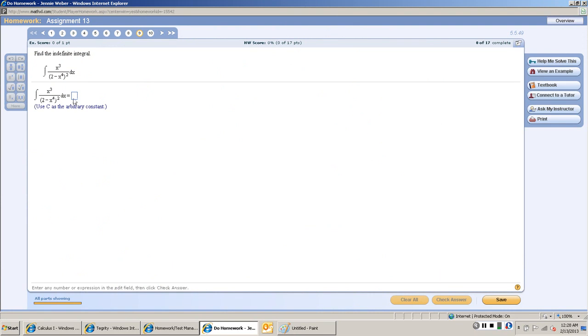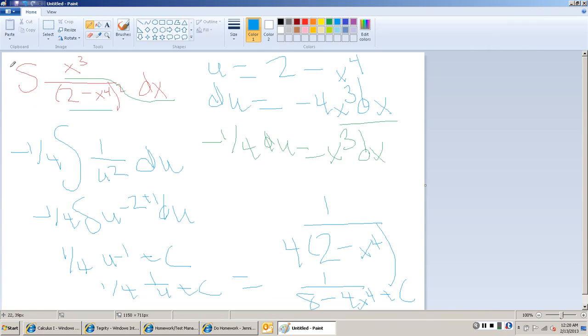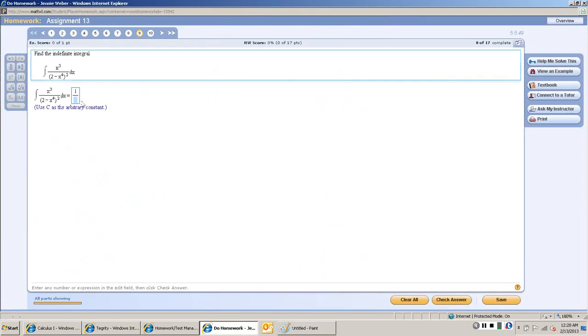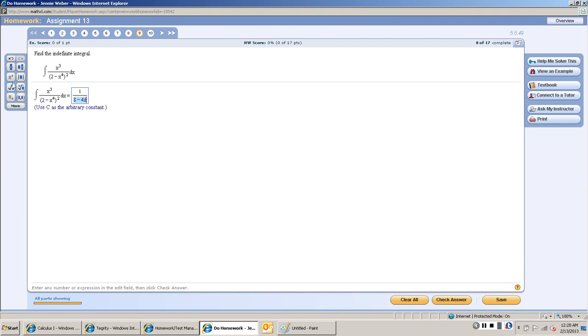So you can see I have the plus c here. So 1 over, and let's see what did I have, 8 minus 4 x to the fourth, okay, plus c, and check my answer.